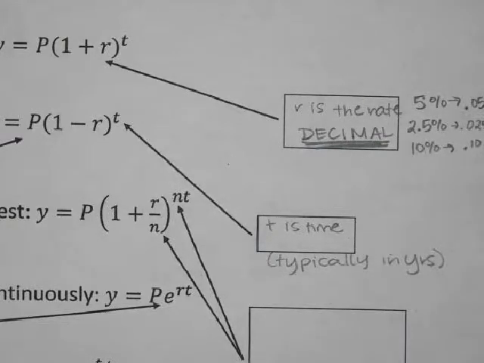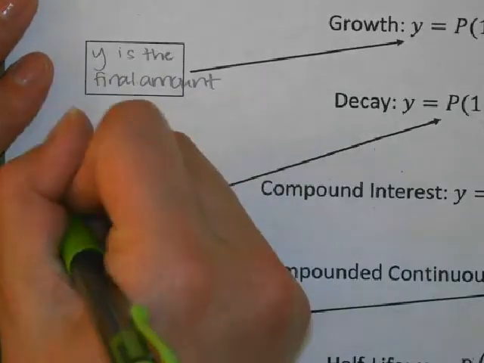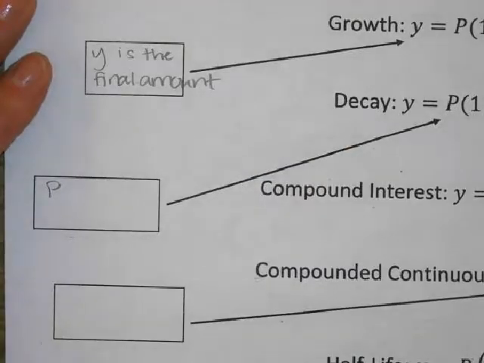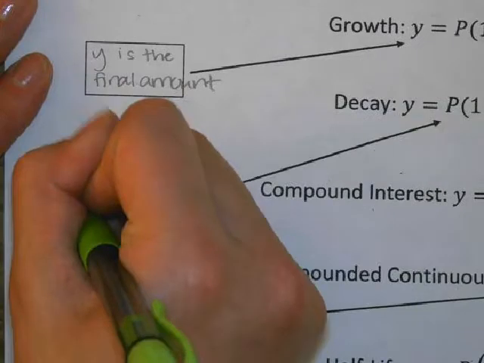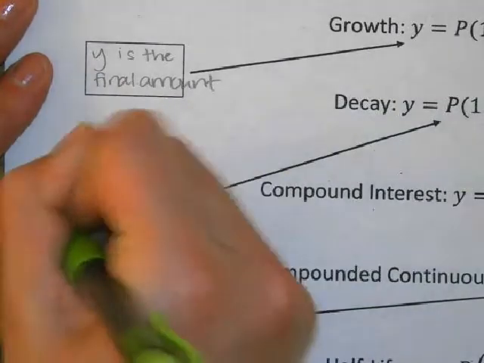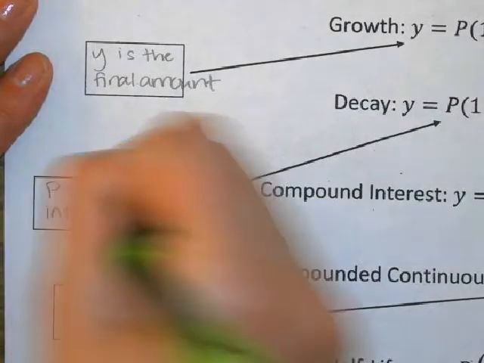But typically we will use years. All right, the P is the initial value. They use P because it means principal, but most of us don't say principal when we mean a starting number. P is the initial value or the starting value.